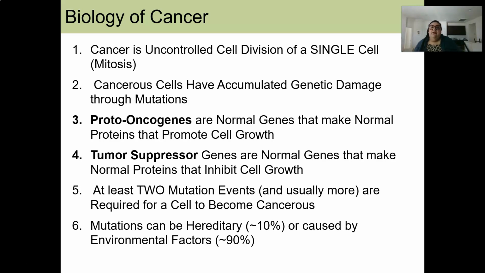And 5, you need at least 2 mutations, and usually more, for a cell to become cancerous. And mutations can be hereditary, so you can inherit those mutations from family, but a lot of mutations can be environmental. And we will learn about that soon.